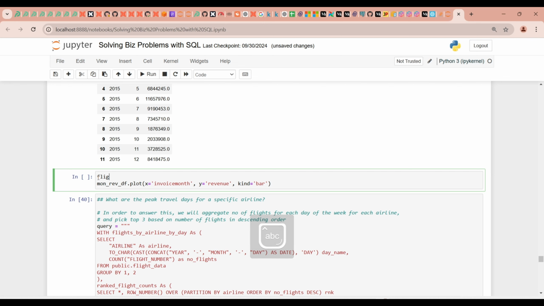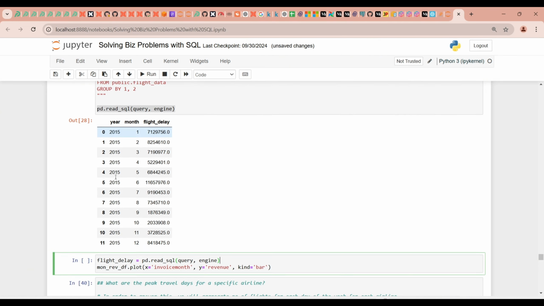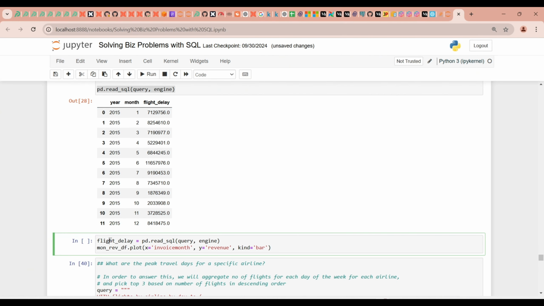Let's call it flight delay, and put it here. Plot. Consider X as your month, since it's just 1 year, and Y as the flight delay.